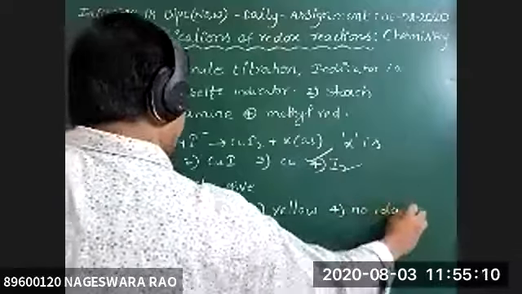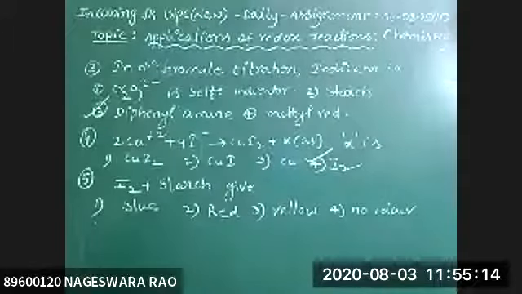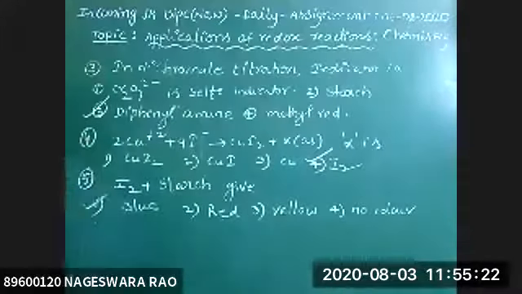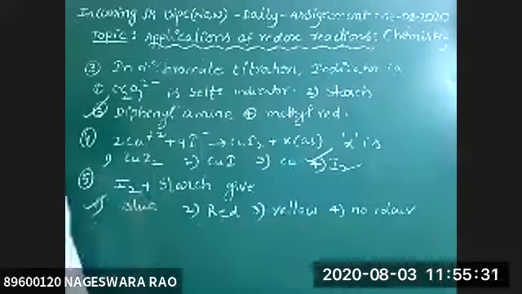What is the answer, friends? In the presence of starch, I2 gives blue color. That is very, very important. Starch is the indicator in iodometric titration, used for the estimation of I2.